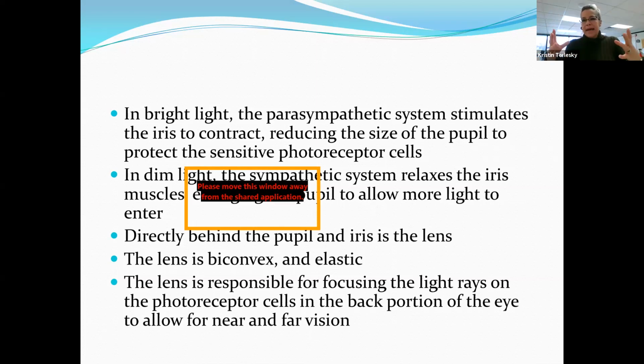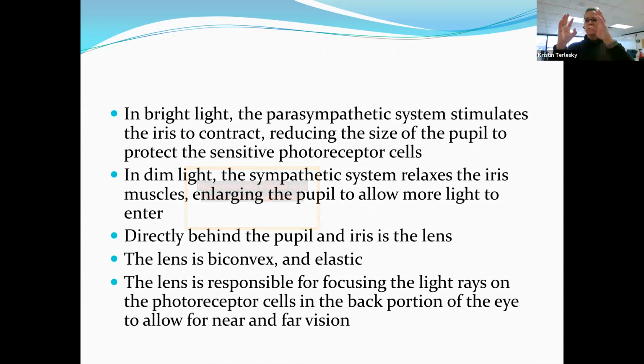Usually when you're not panicked, that happens naturally in the dark. So when you're in the dark, your iris will actually relax, and that will help your pupil get bigger, and you can take in more and you can see more. In contrast, when you're in a very bright light, your iris will actually close to protect that pupil and protect the back of your eye, and it's going to take that glare away, or the brightness away.